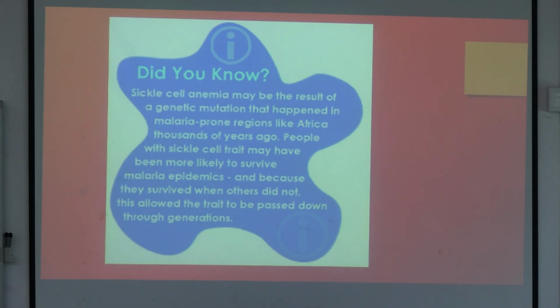So the progeny carrying the sickle cell trait has been transferred to their offspring through ages, through thousands of years, by battling with malaria. So they are naturally more protected against malaria epidemic. Okay, these are fun fact, and thank you so much.